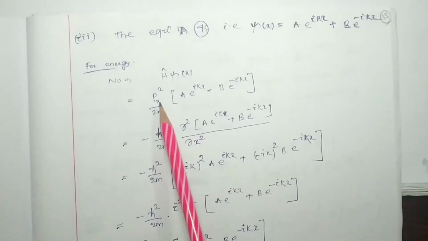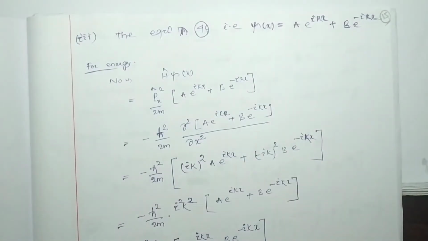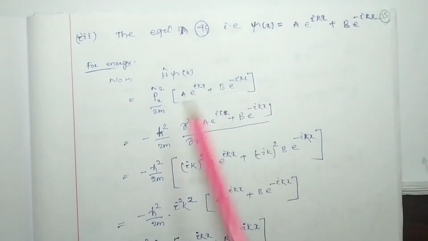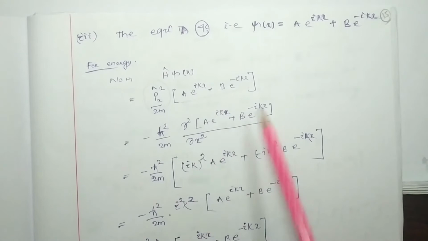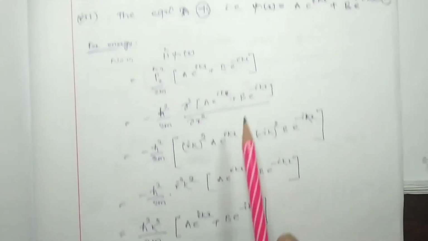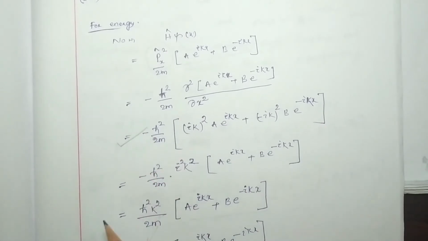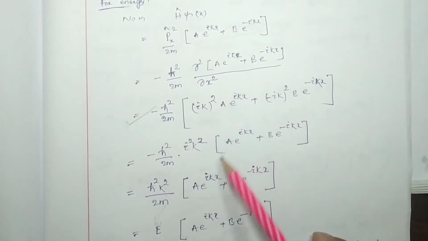Then what are we going to get? This is nothing but p_x cap squared by 2m acting on psi(x), whose value I have written over here. So this is minus h cross squared by 2m del squared by del x squared on this one. I have taken the simple double derivative, and I got this. Then you just pause the video and write the steps.